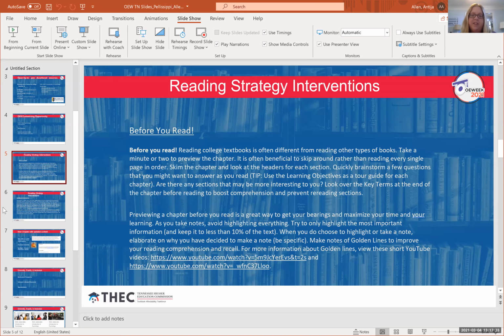For example, I know it's hard to read, it's a busy slide, but the first sentence of the second paragraph just says, previewing a chapter before you read is a great way to get your bearings and maximize your time and your learning. It also links to a video on some of the reading strategies, specifically what we're going to be using in this text called Golden Lines, which are 1 to 2 lines where students can pull out something that really resonates with them, that really applies to them, and strikes a chord with them.